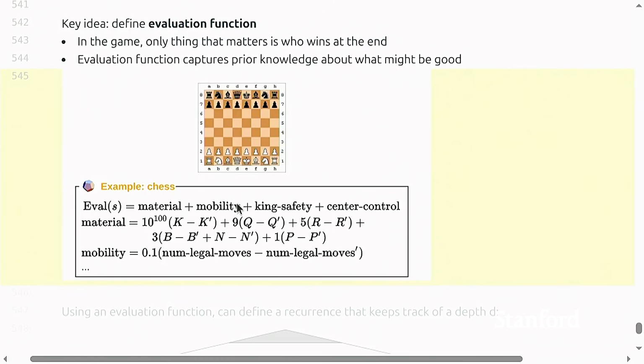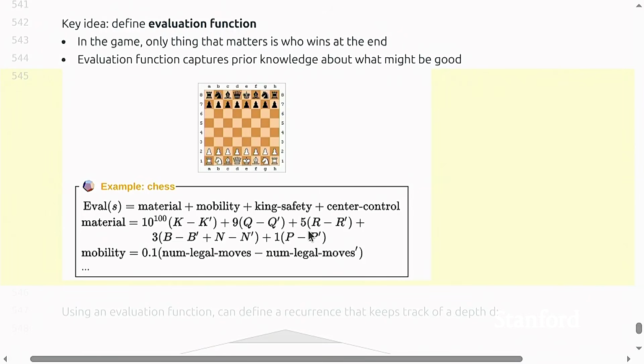You want your king to be safe. You want to control the center of the board, and so on and so forth. And for material, you might think of the number of kings I have versus the number of kings the opponent has. Kings are very important. Queens are worth 9, rooks are worth 5, and so on.